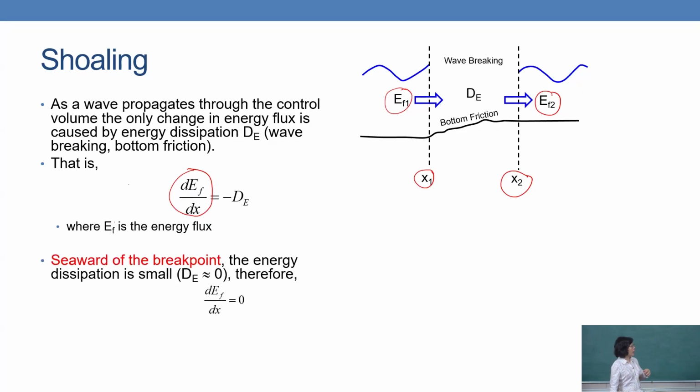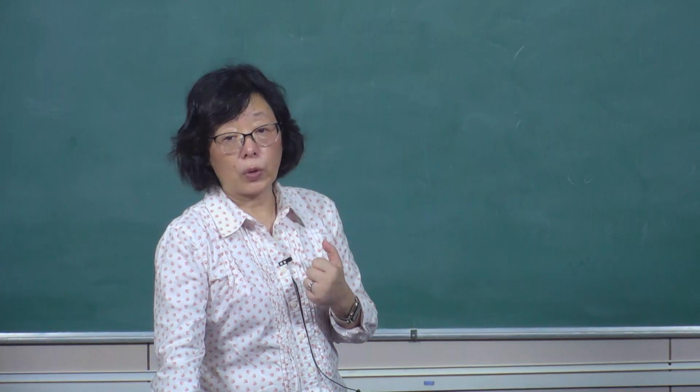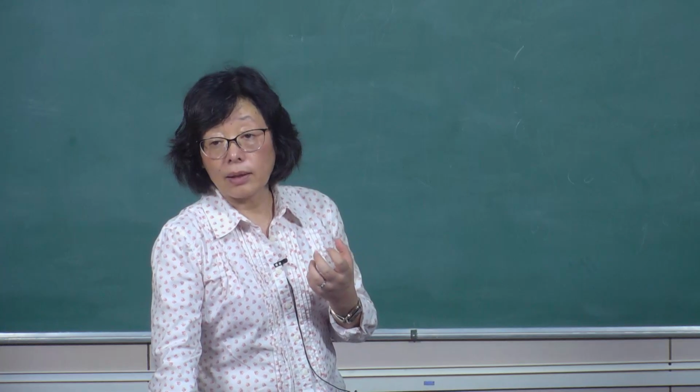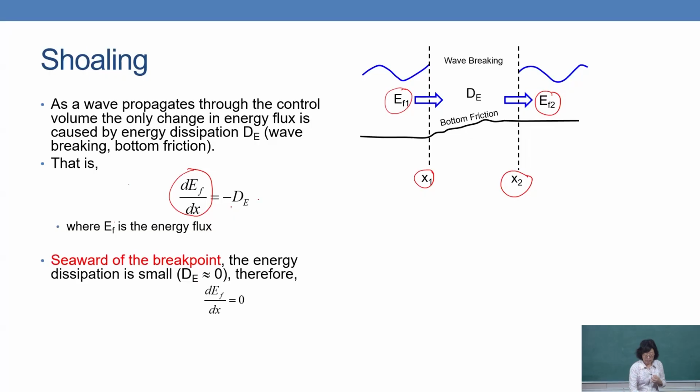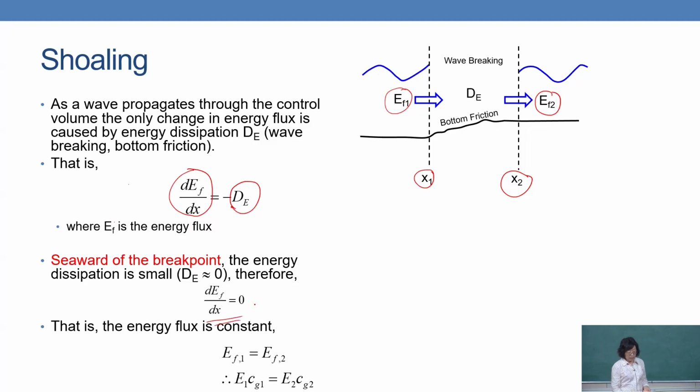But when the bottom friction is very, very small, so a very smooth bottom, and there's no wave breaking, then we will have a minimal dE. So dE will be close to 0. Then we have the next equation, which means the energy at these two locations is equal.